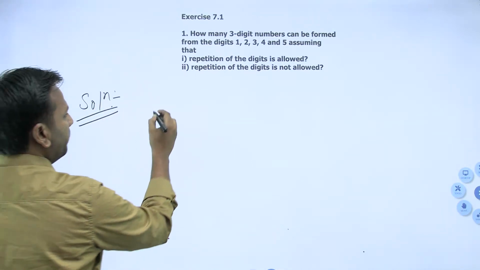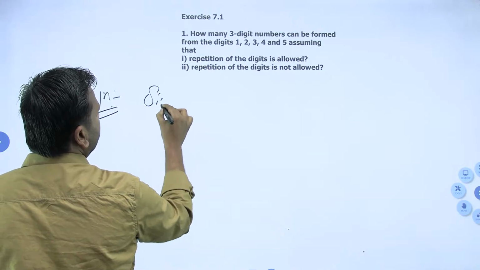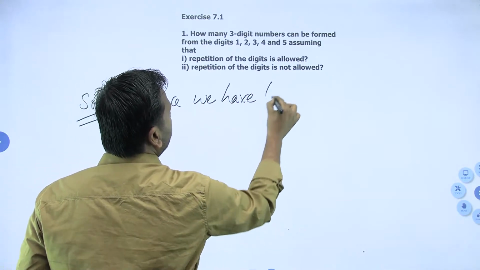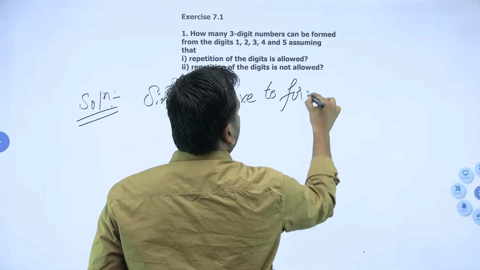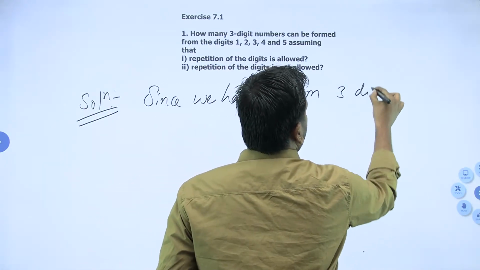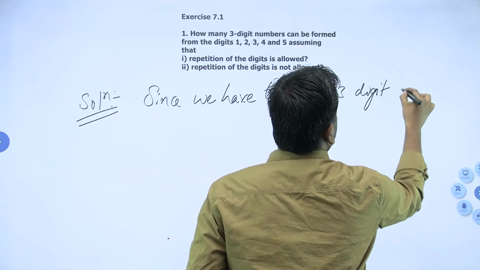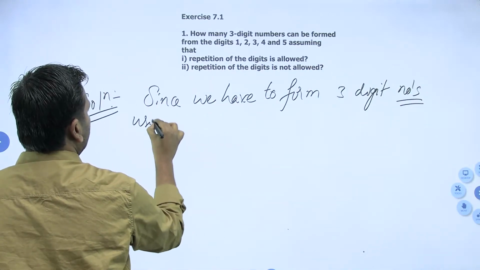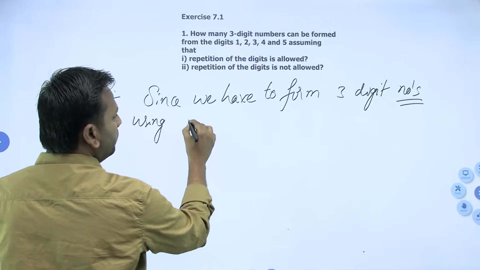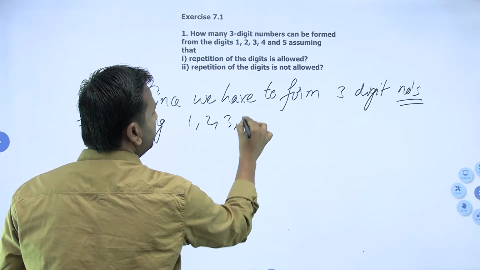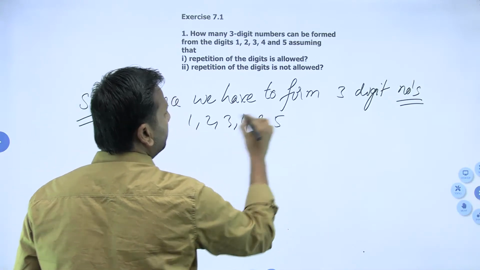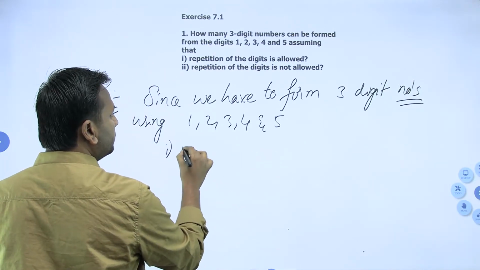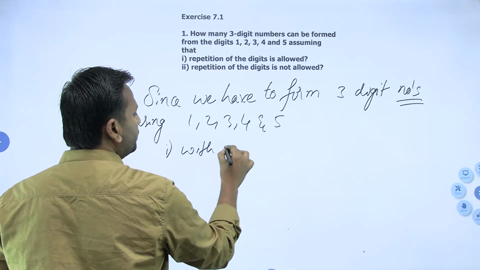What they have given, you should write here: since we have to form 3-digit numbers using 1, 2, 3, 4 and 5, right? With repetition. First case, with repetition.